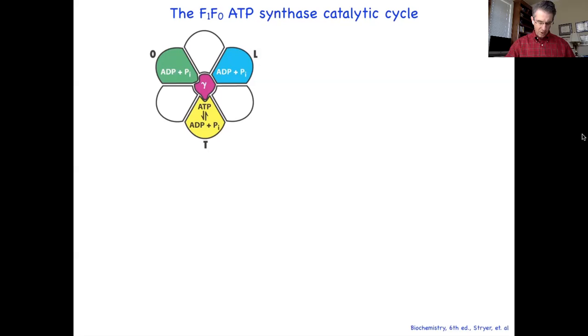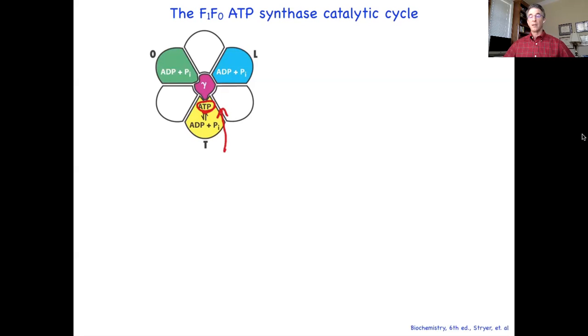And now the gamma stalk has switched the conformation of the third beta subunit, which had ADP and inorganic phosphate bound. Now it's binding ATP tightly. It's dropped the transition state barrier, and it's locking on to ATP and pulling that equilibrium in this direction.